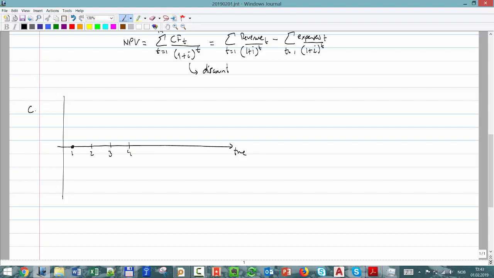Cash flow in Norwegian NOK. Okay, initially you're going to have big investments, and then at some point you have more revenue. It's going to look something like that. Okay.